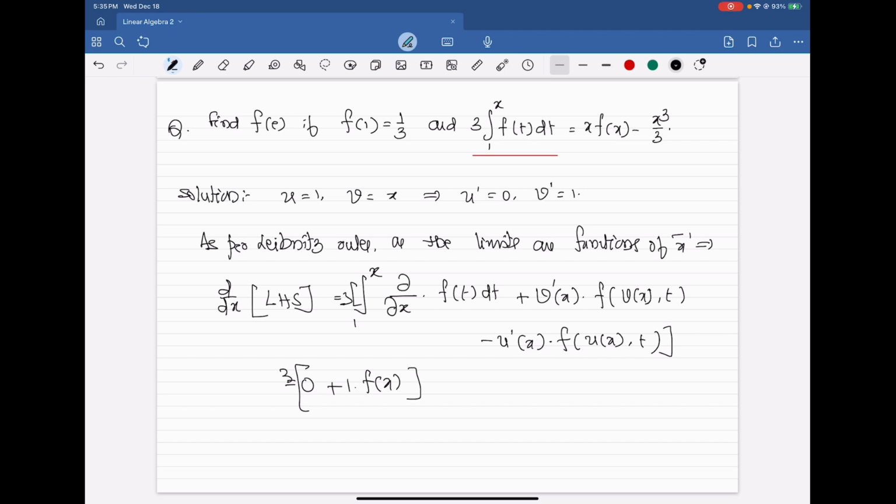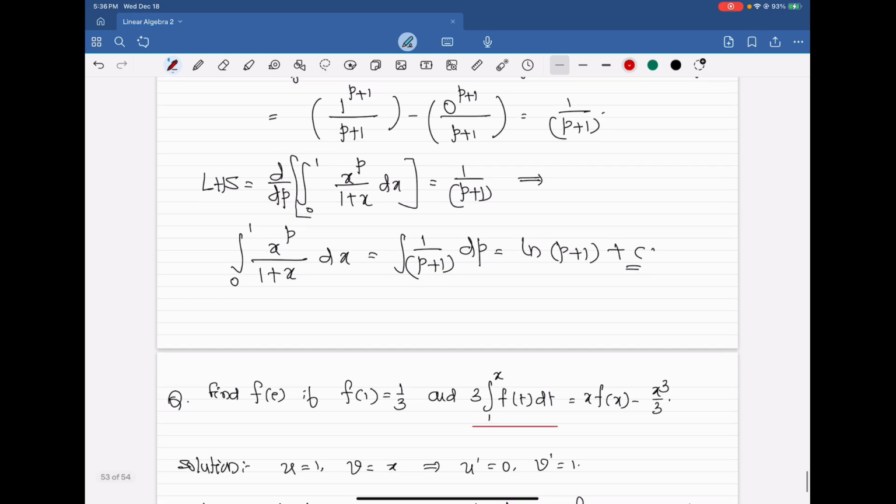This u dash is 0, hence it is 0 minus 0. Then this will be 3 into function x. That means d by dx of the left hand side is equal to 3 into function x. This is the most important value which we have got from the Leibniz theorem. This is the heart of the solution.